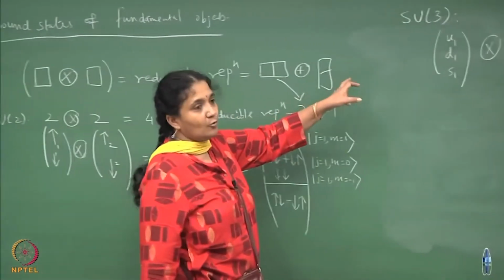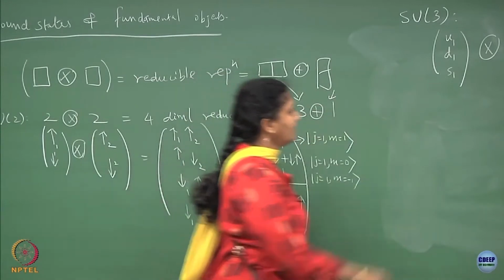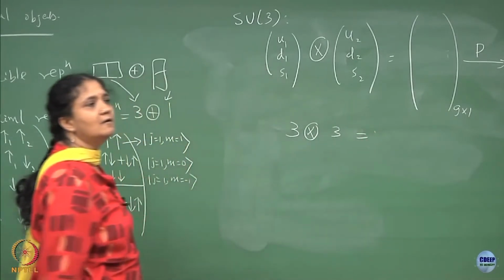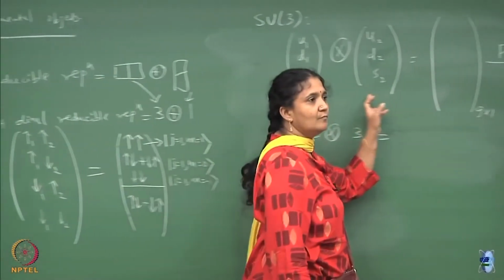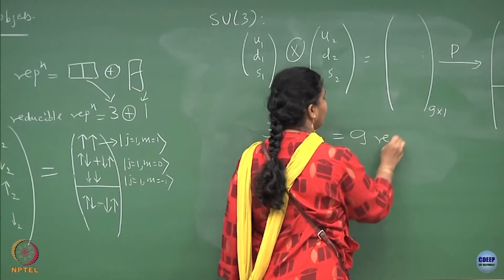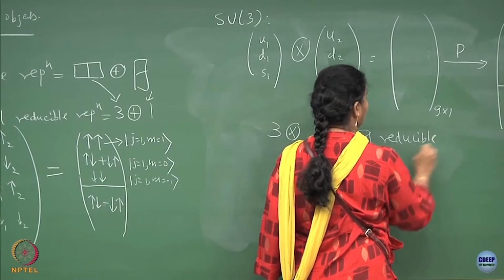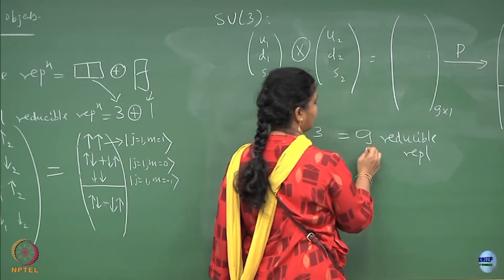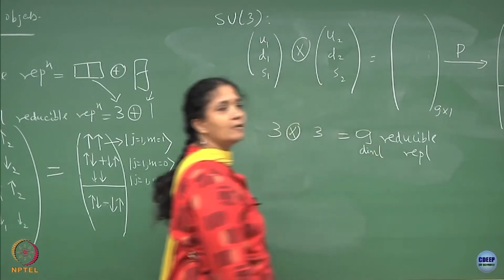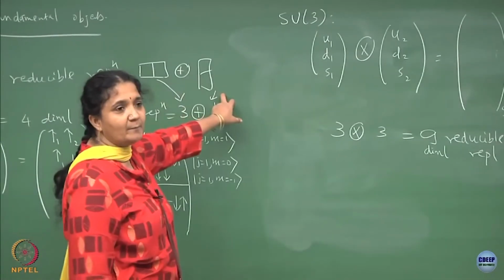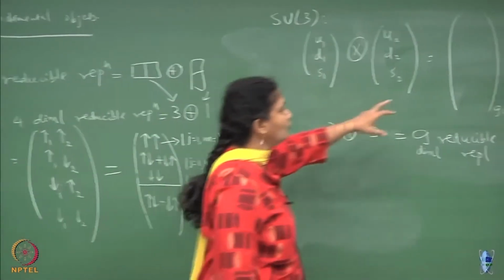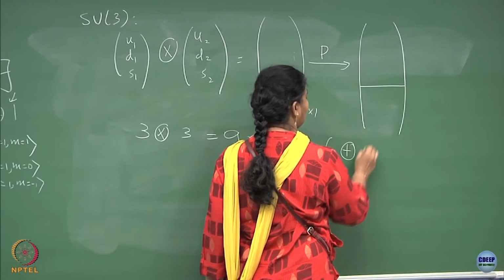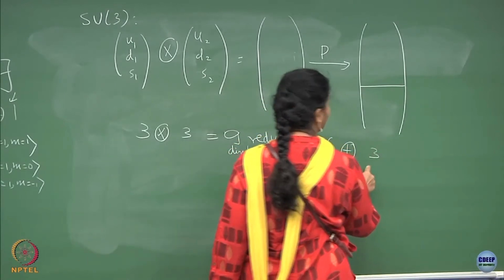Now, the same diagram will hold for SU3. What will that give us? This is 3-dimensional, cross 3-dimensional, these two, that will give you a 9-dimensional reducible representation. But using this diagrammatic Young diagram language, even without doing the projectors, you can say that it should be 6 plus 3 is what we would have written as dimension.